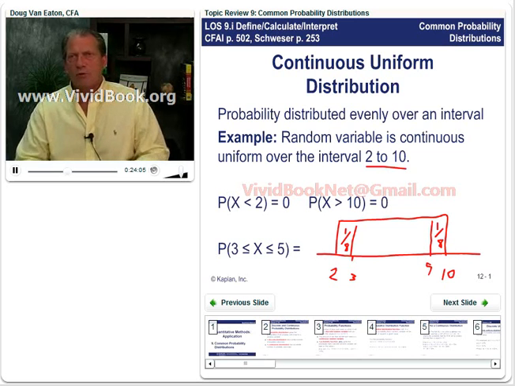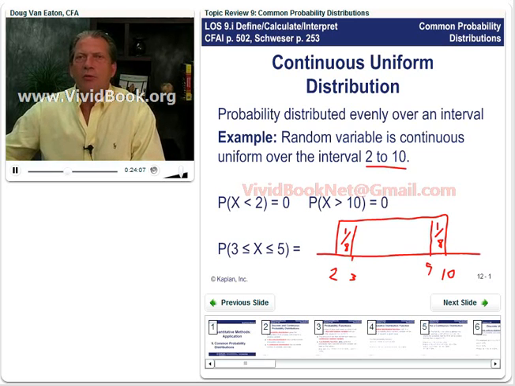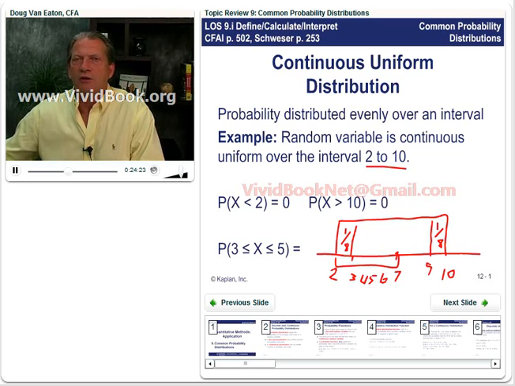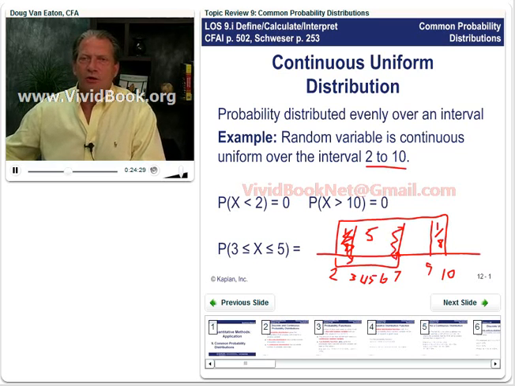And if we say, well, what's the probability of being between 2 and 7? Well, 3, 4, 5, 6. So how wide are we? 2 to 7. We're 5 wide out of 8. So that probability there, that whole thing, is going to be 5/8. And it's just that straightforward.